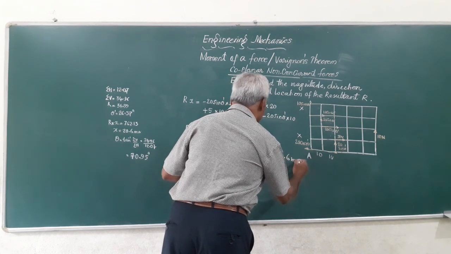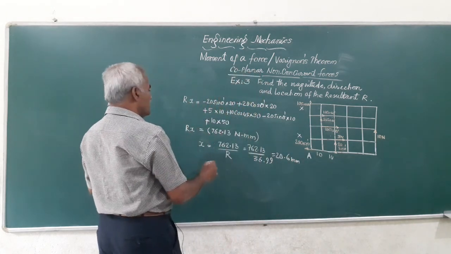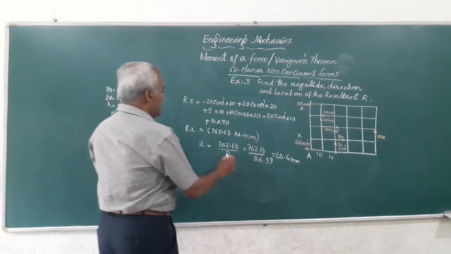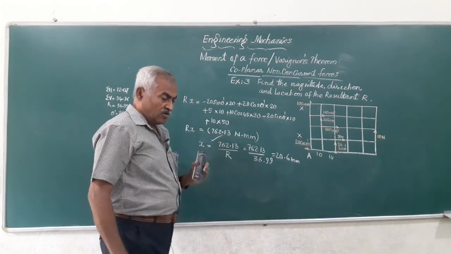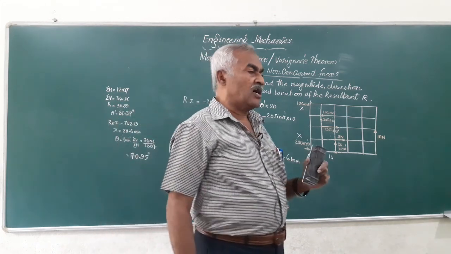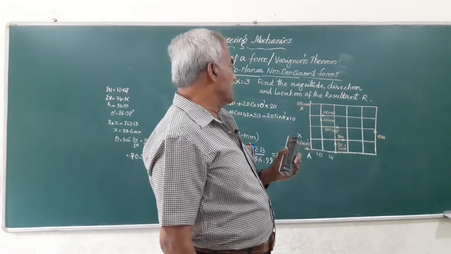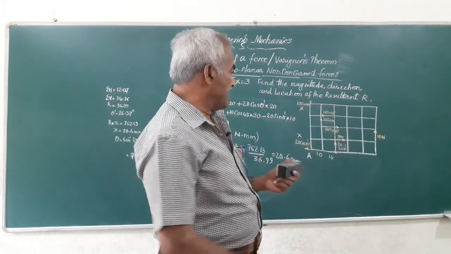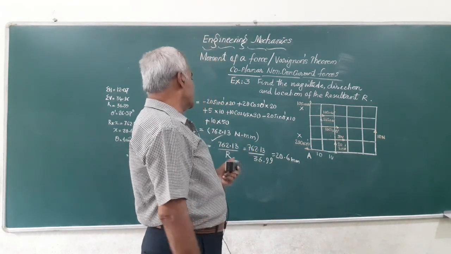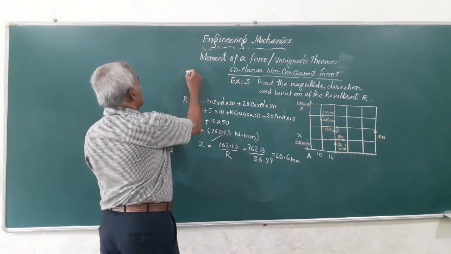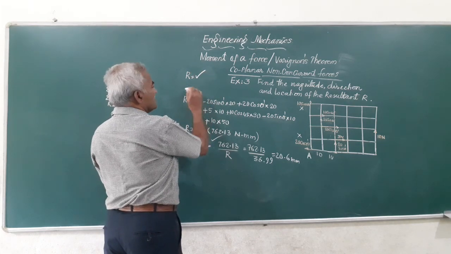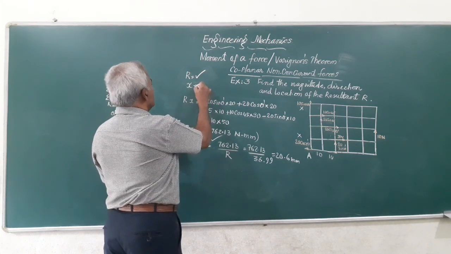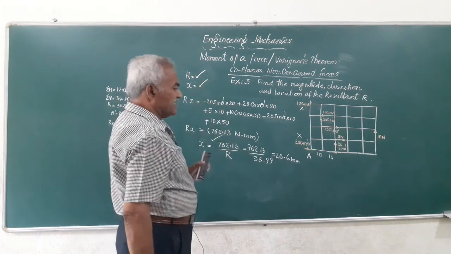So friends, we were able to find out the resultant as 36.99 Newton. We have found out where it is acting, and now you will have to find out at what angle to the reference x-axis this resultant is acting. So we know the magnitude of R, we know the location of R, then we can find out at what angle it should act.